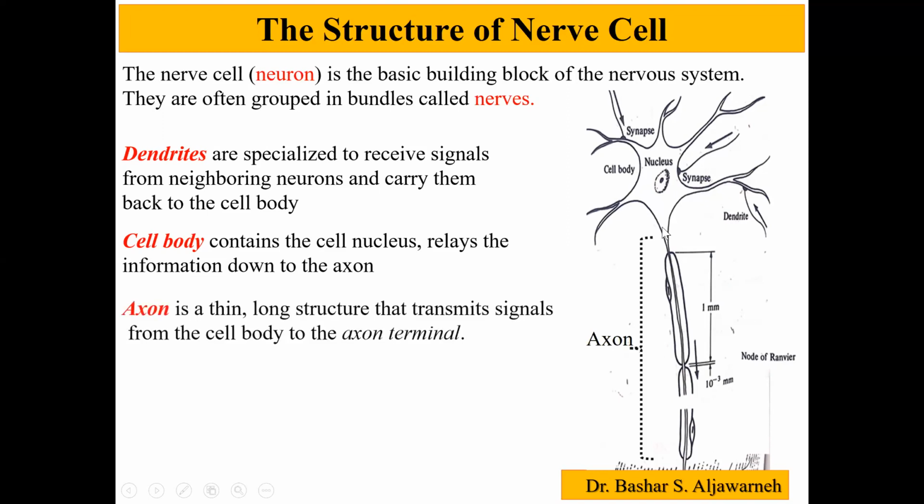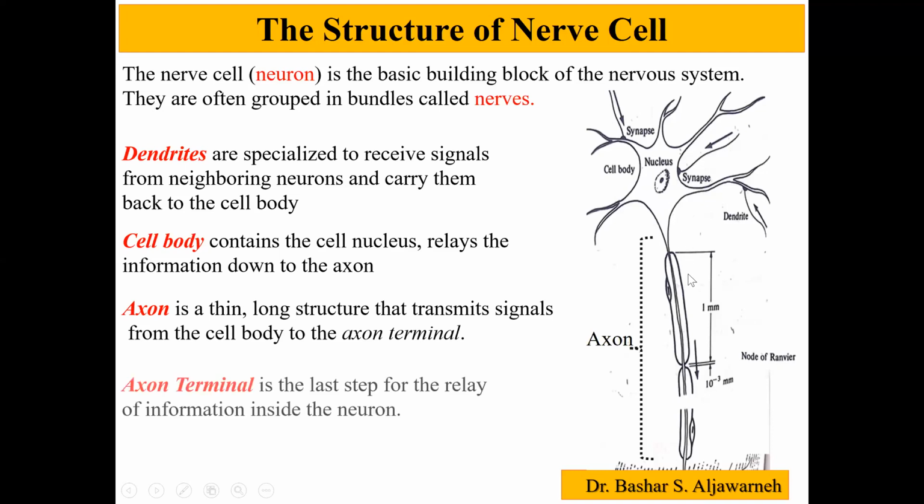Then the axon, which is the main subject of our chapter, can be defined as a thin, long cylinder that transfers the signals from the cell body all the way to the axon terminal, the last step.